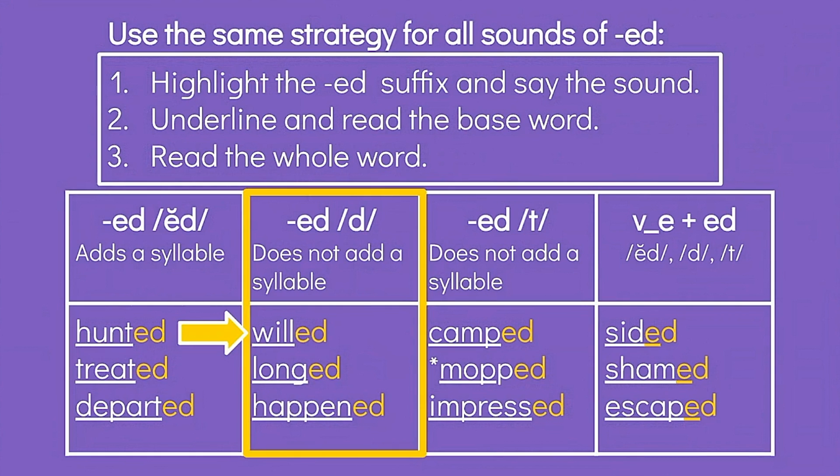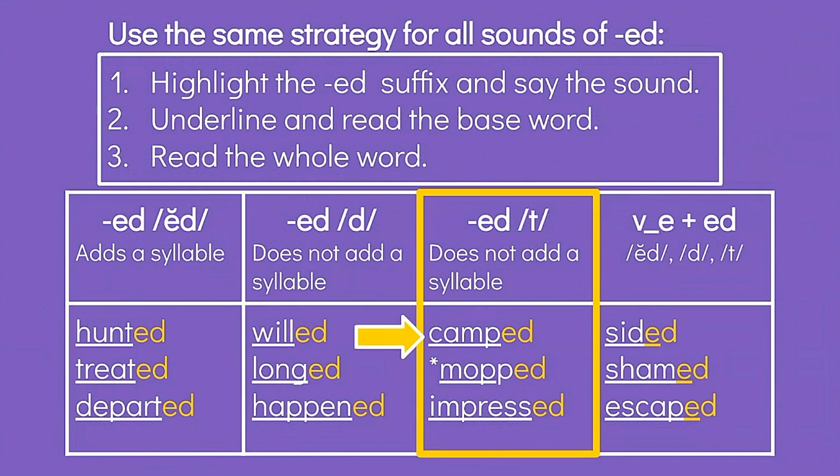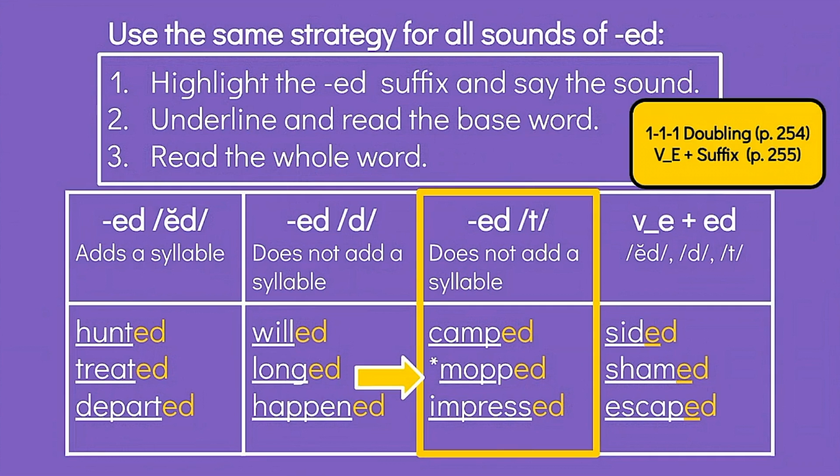Highlight ED and say d, underline and read the base word will, then read the whole word, willed. For ED that says t, again, it does not add a syllable because the E does not talk. Highlight the ED and say t, underline and read the base word camp, then read the whole word camped.